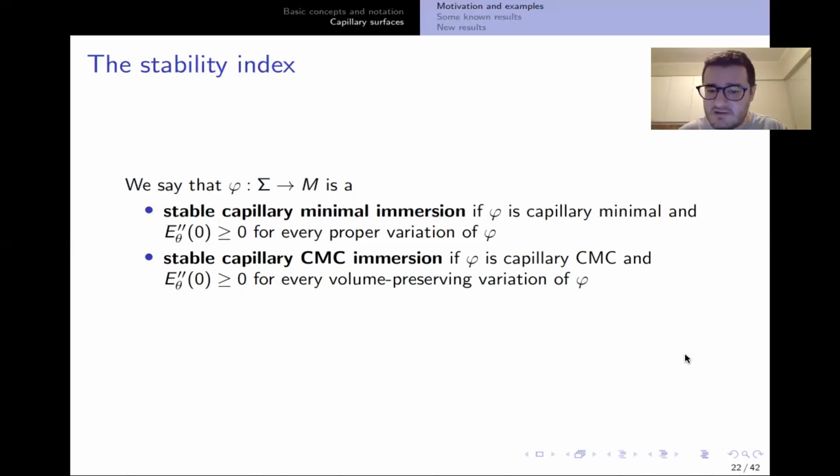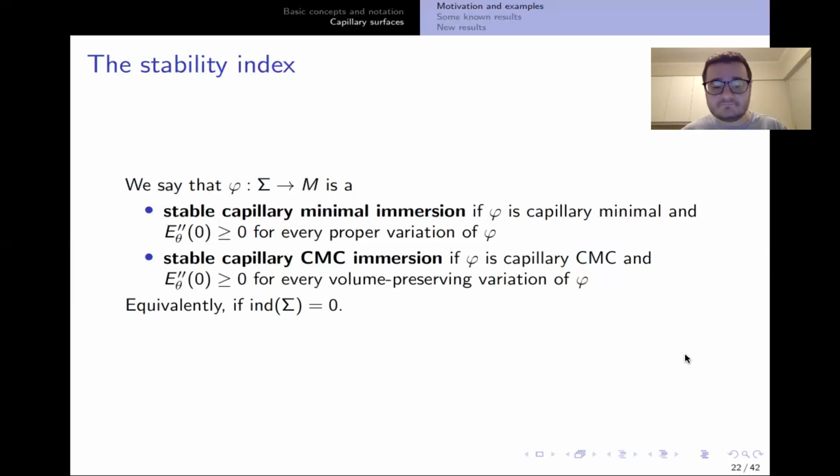So we just require that the variations now are volume preserving. Nice. So equivalently, this means that the index of sigma, according to the previous definition, is just equal to 0, because there are no subspaces other than the trivial subspace on which the bilinear form Q is negative definite.